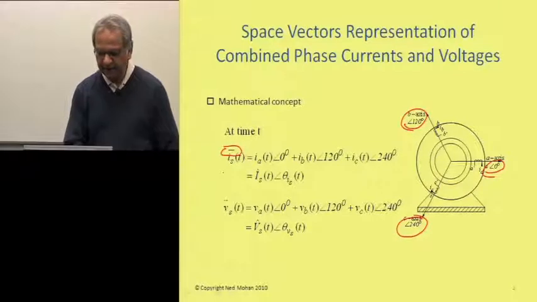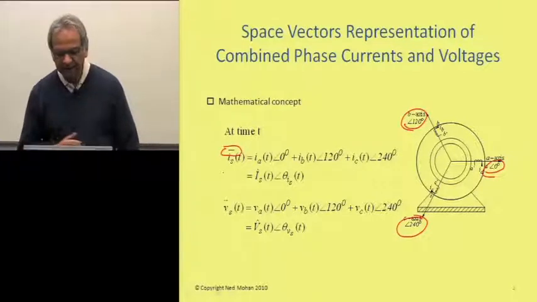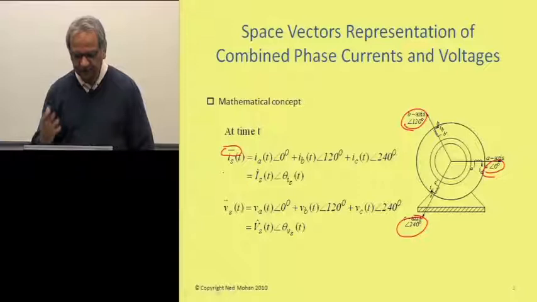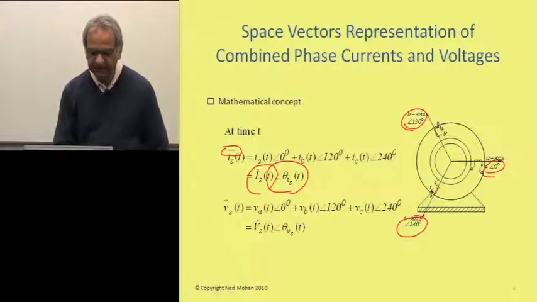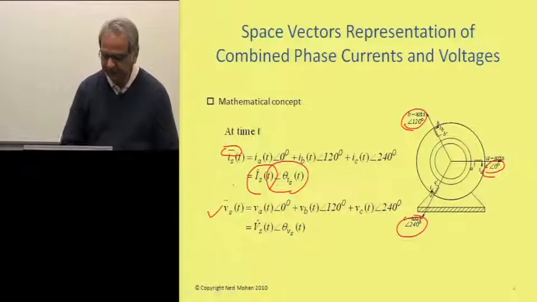So we get a combined current space vector, as you can see here, which has an amplitude in this complex expression, and a phase angle over here. And similarly, we can do this for phase voltages.